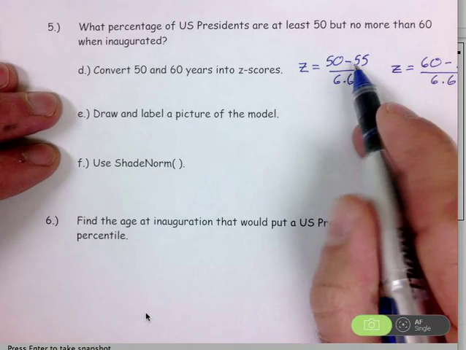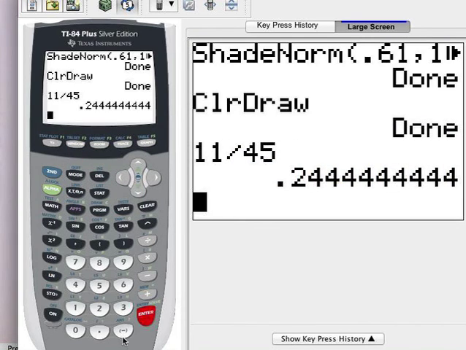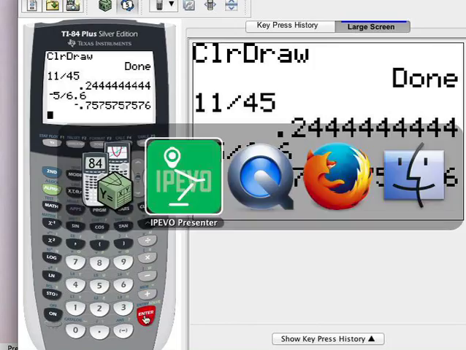So this is negative 5 divided by 6.6. That z-score comes out to be negative 0.76 to the nearest 10th.